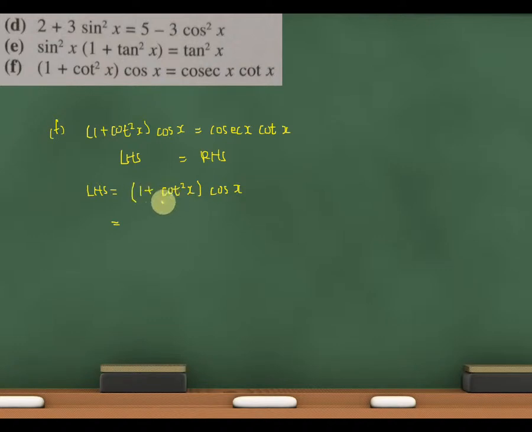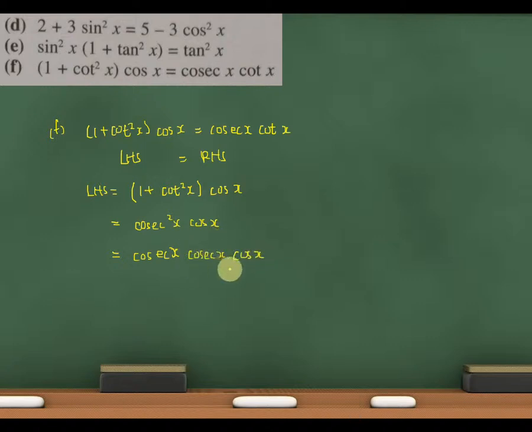So 1 plus cotangent square x, I know the identity, this belongs to cosecant square x, and cosine x. So you can see I'm very near. Maybe I just make this into this form. Okay, I have this. This is the one I've split up.